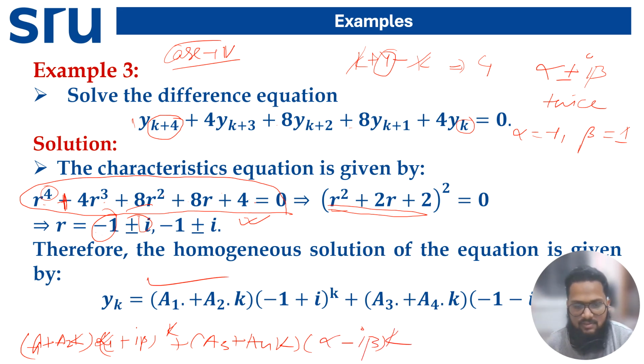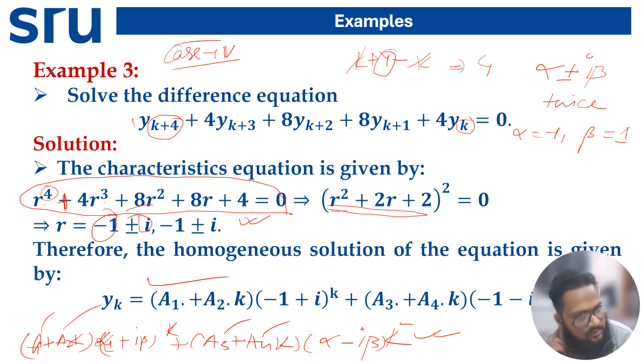So here alpha plus i beta is minus 1 plus i, and alpha minus i beta is minus 1 minus i. So this will be the form. Again a1, a2, a3, a4 are all constants, and k is any integer. Clear?